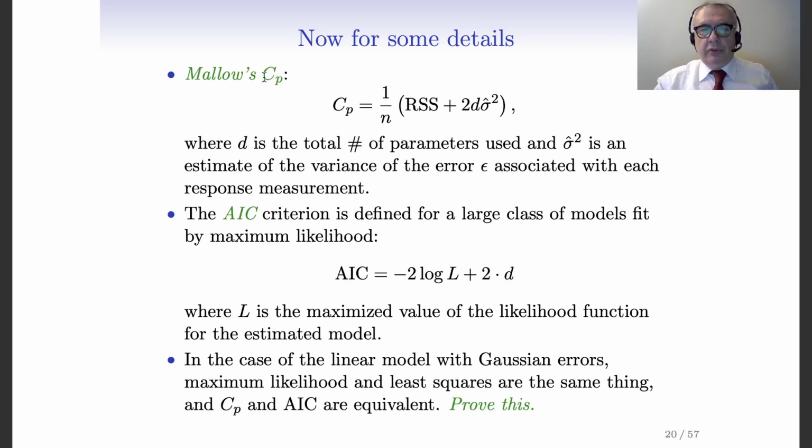Cp, which is also known as Mallows' Cp, has this expression. It is 1 over n times RSS, the residual sum of squares, and then you add this term, which is twice d times sigma hat squared, where d is the total number of parameters. So if you have p parameters and the intercept, d equals p plus 1. Sigma hat squared is an estimate of the variance of the error associated with each measurement.